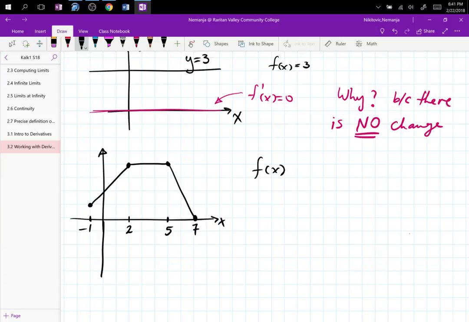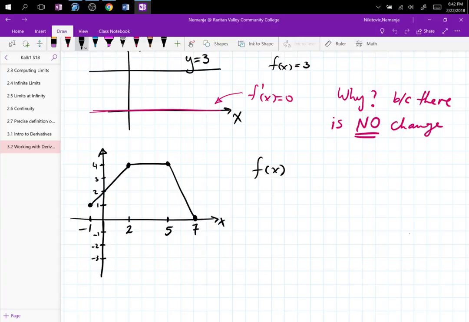What is my derivative? Very good. The derivative will be piecewise, because we have 3 different pieces, and they all have different slopes, which means the derivative will be all over the place.